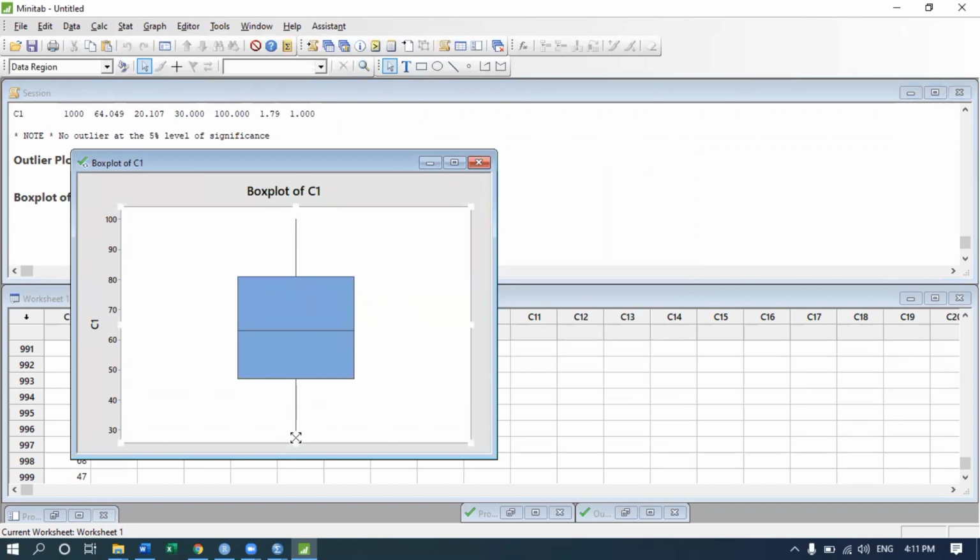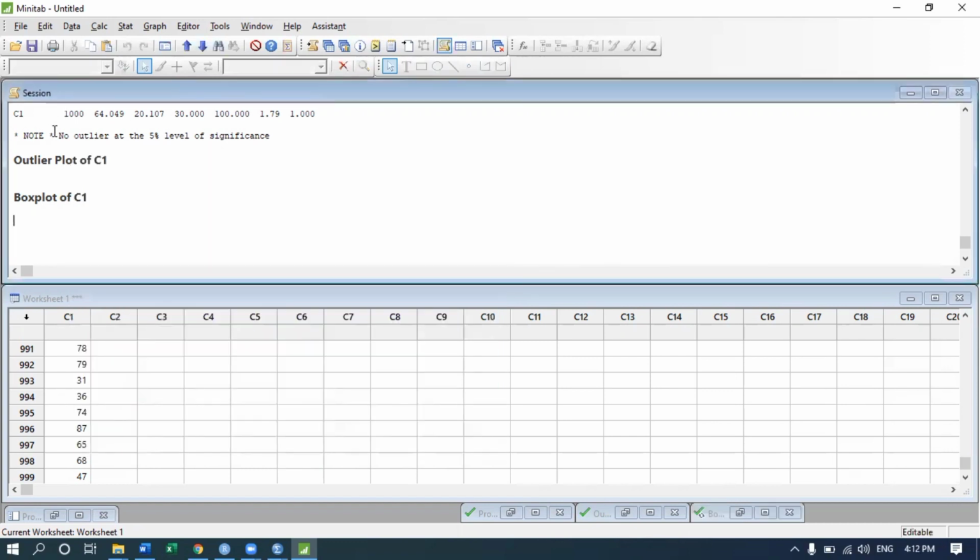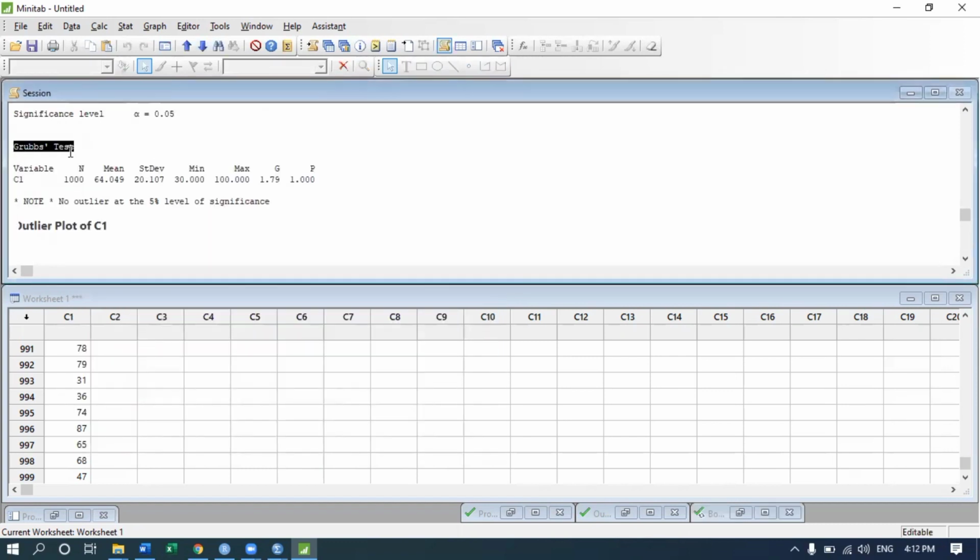I've told you how to tell: the point can be here, or here, or down here. If it is above this line or below this line, then I think there is an outlier. What I use mostly is the box plot. So I've shown you how to also use Grubbs' test if you want. And I've explained what we mean by outlier, extreme values.